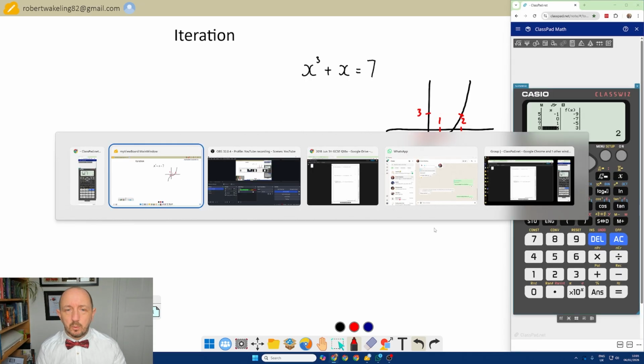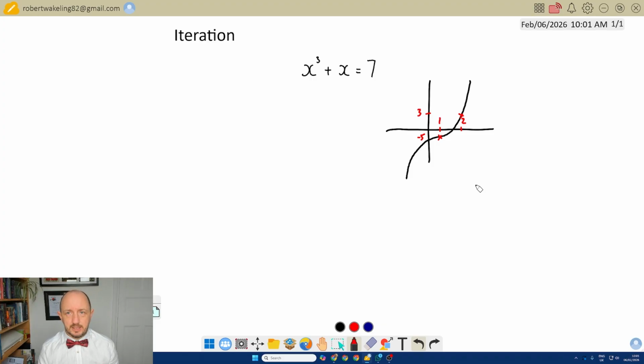And so what we found just with that little investigation is that between 1 and 2, the graph broke the x-axis. It crossed the x-axis. And that process of finding this coordinate where it crosses the x-axis is what we do when we actually solve equations. We're looking for this x-intercept.